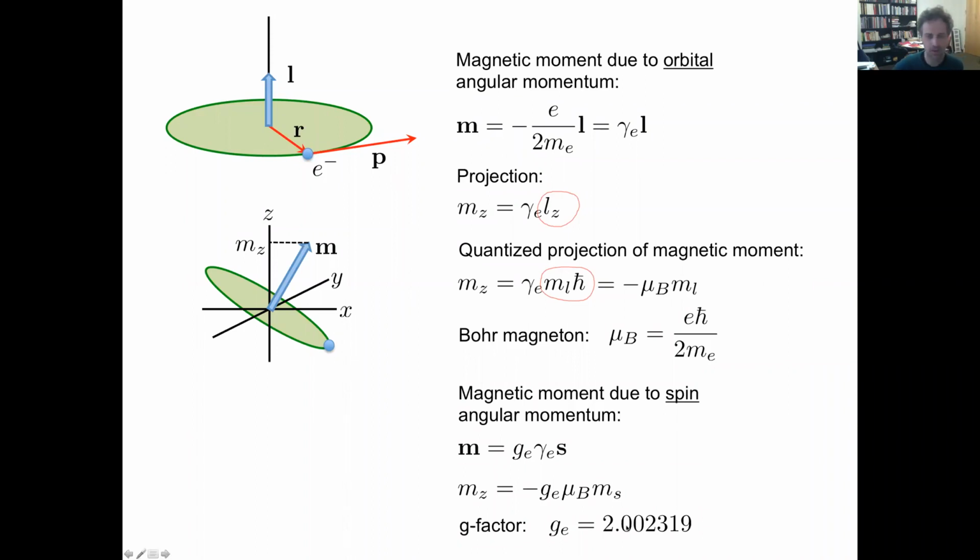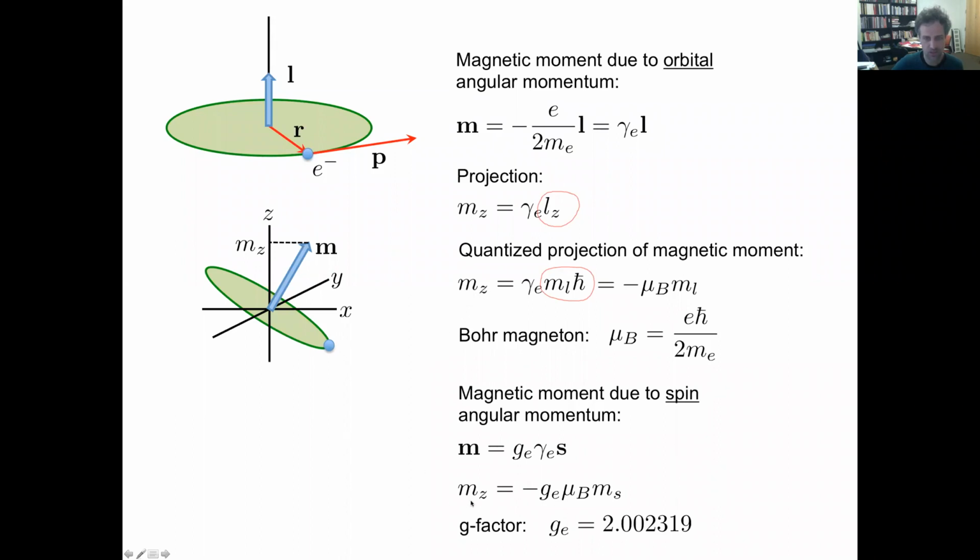So what do we have in the end? If we focus on the magnetic moment projected along our z-axis, mz, think about this picture here. There's a magnetic moment directed along the z-axis. How big is that magnetic moment? Then it has two contributions. One, the orbital angular momentum will contribute, and that's given right here by this particular equation.